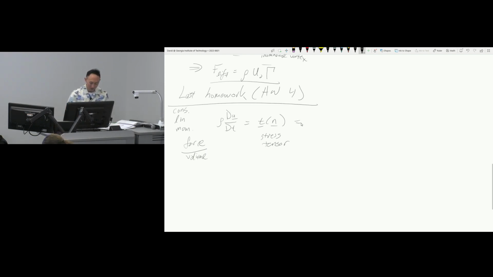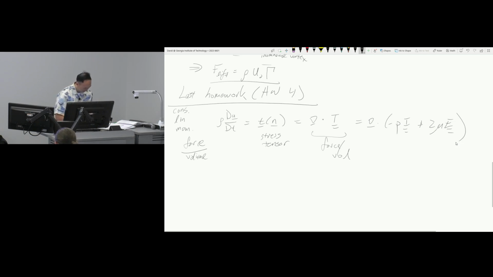All right. And hey, we said we're going to write that as basically divergence of the stress tensor, where we said T, the stress vector, is going to have to be dependent on the direction. And we said, okay, well, there's going to be 9 components because you got the shear and you got the normal stress. So this is basically force per unit volume. And they said, we want to know the viscous force per unit volume. So this is del dot, we're going to substitute for the stress tensor.